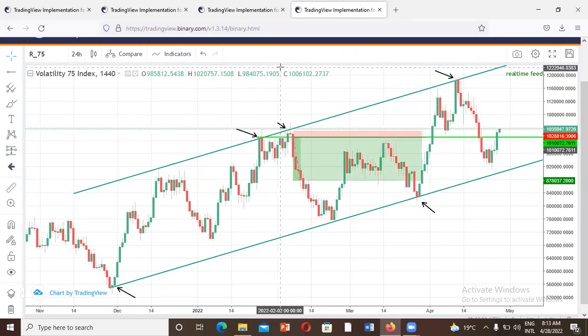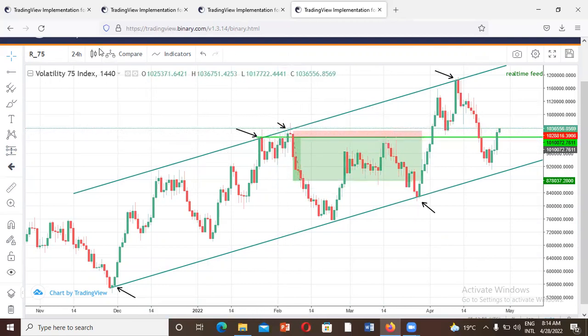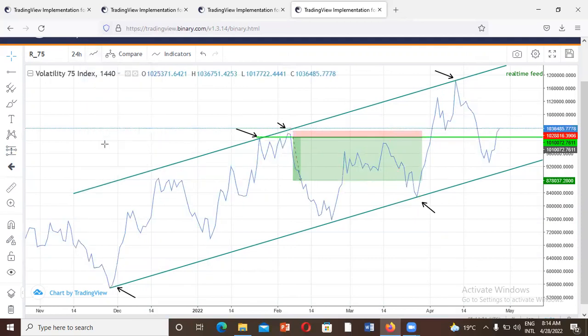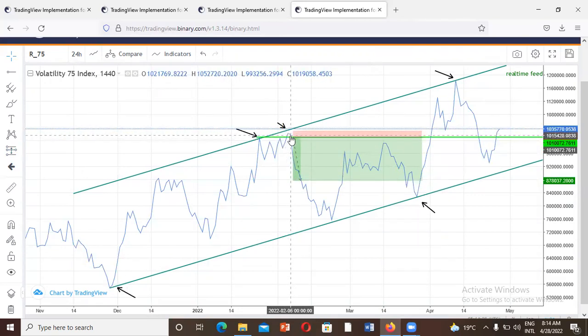Already your stop loss would have been hit, and yet this is the end. This is where the candles stop. So this is where you enter a trade and then it hits your stop loss. It's because when you stick to the line chart too much, this is what happens.